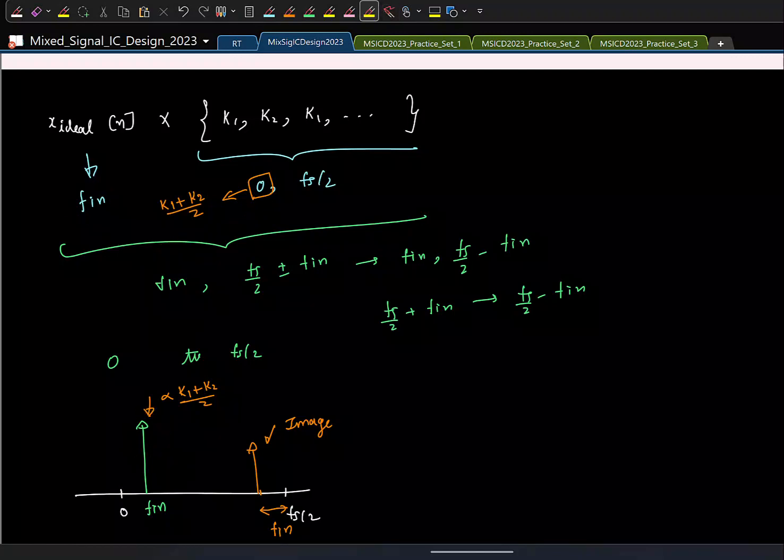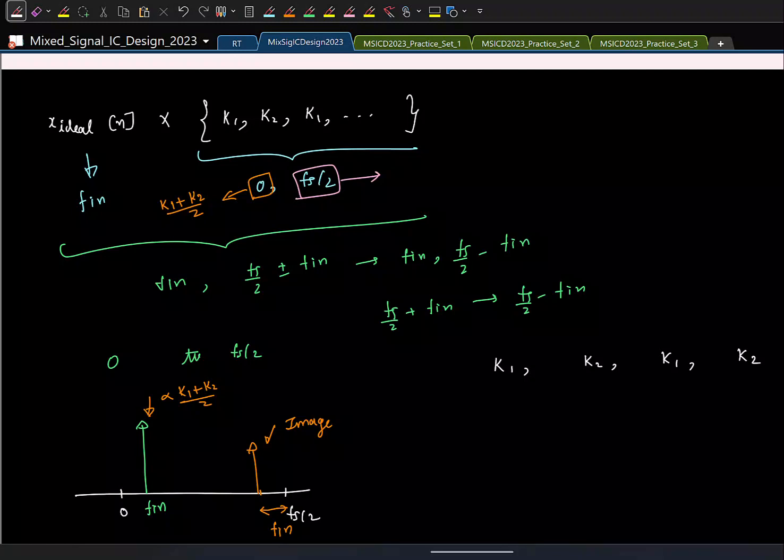Similarly, can you tell me what will be the strength of this Fs by 2 tone? It cannot be K2, right? When we are doing this, I know the sequence is K1, K2, K1, K2. This is the periodic sequence. When I am doing this Fourier decomposition, I am saying that this sequence can be thought of as a sum of sinusoids. How many sinusoids do I have here?